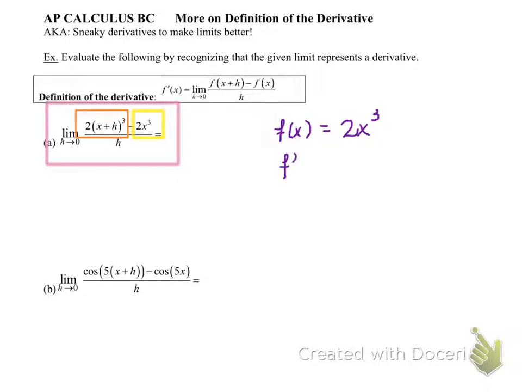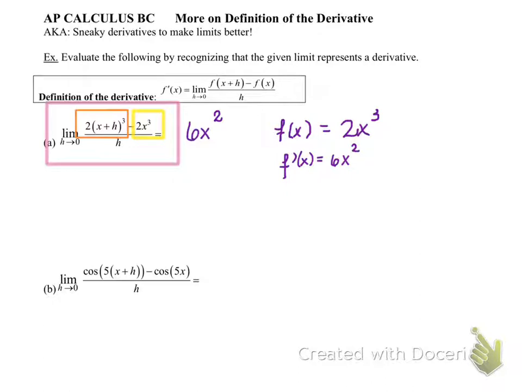The derivative would simply be 6x squared. So instead of doing all of those algebraic manipulations, you can simply write down what the derivative is from now until the end of time.